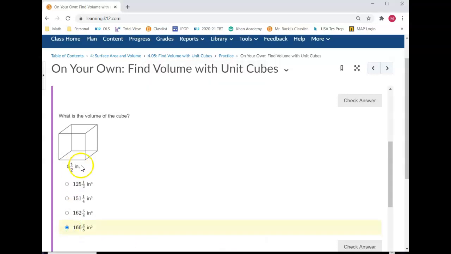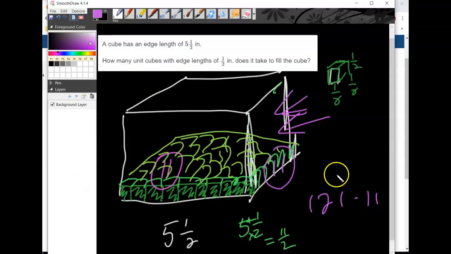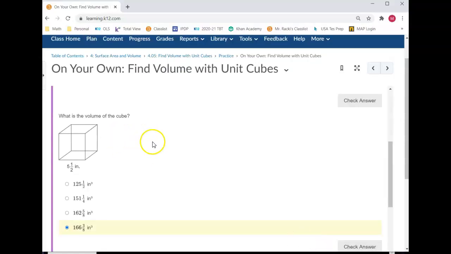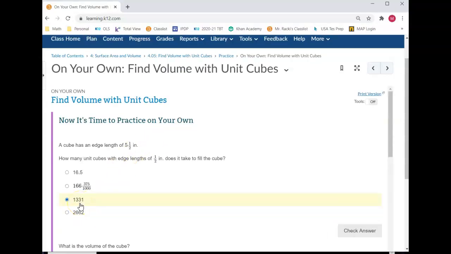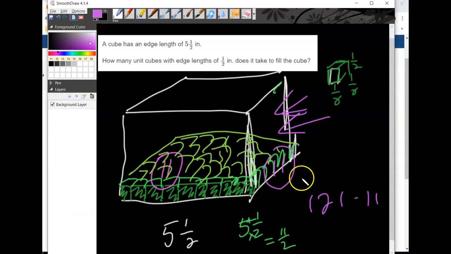But that's kind of doing it the easy way. We're just multiplying length times width times height. With the cube, length and width and height are all the same. To do it the more challenging way that we focused on in our class Connect, we would have taken this number we got for the number of cubes, 1,331.